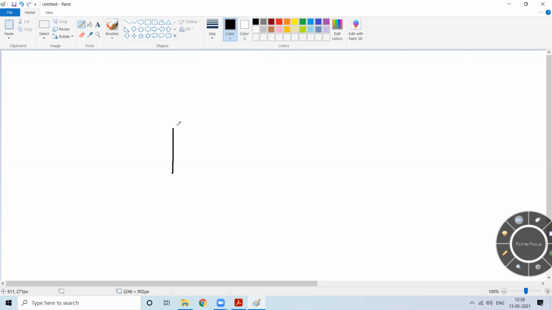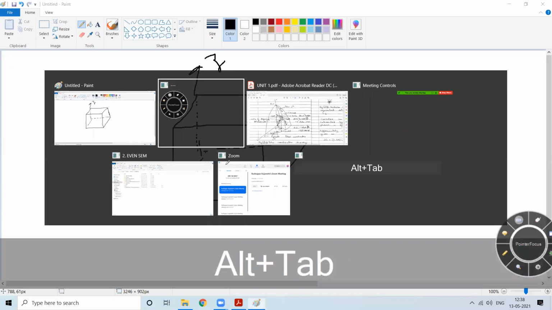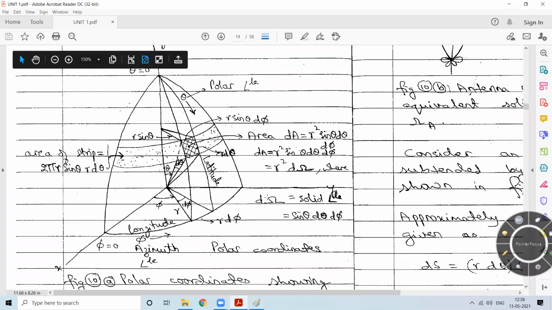Suppose we just imagine a cube, and we are considering x, y, and z.